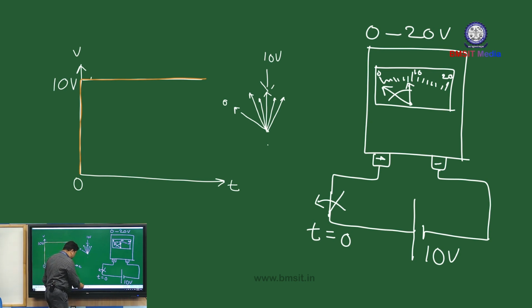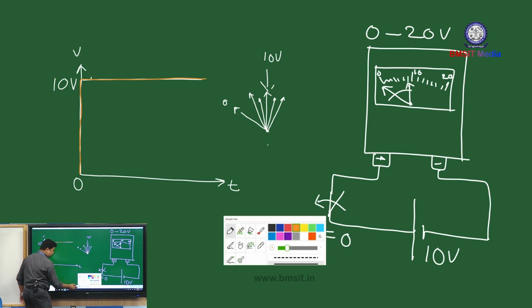Now if I have to plot the values shown by this pointer during its oscillations about the 10 volt value, then it will rise.